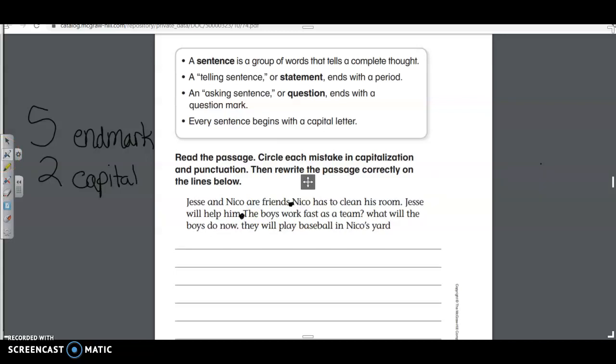The boys work fast as a team. Do you see a mistake? We're not saying anything. Do you see a mistake? There is a mistake. You find it. The boys work fast as a team.